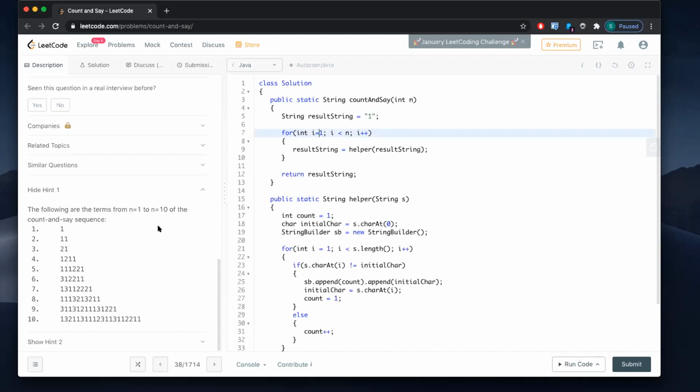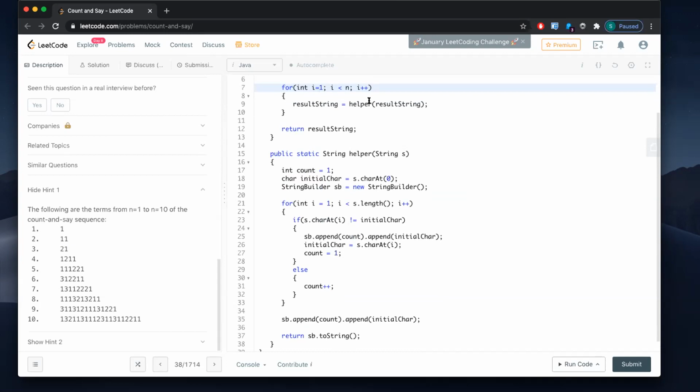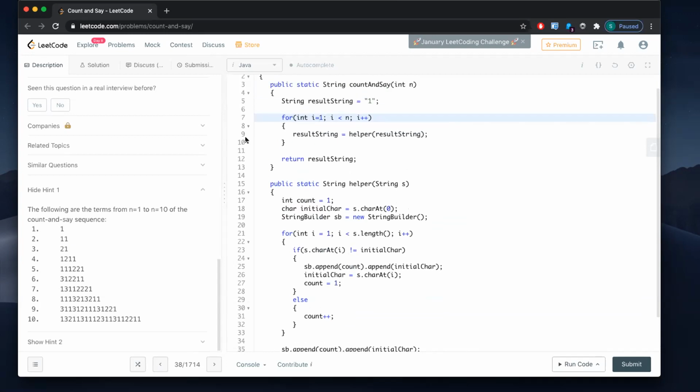This is where I get my n minus 1 string, and I pass it into the helper method, which does all the appending and calculation. Whenever I get that number, I pass it into my result string, and so on until I get to my nth term, where I have to count and say the n minus 1 term. That's why it's i less than n, i plus plus.